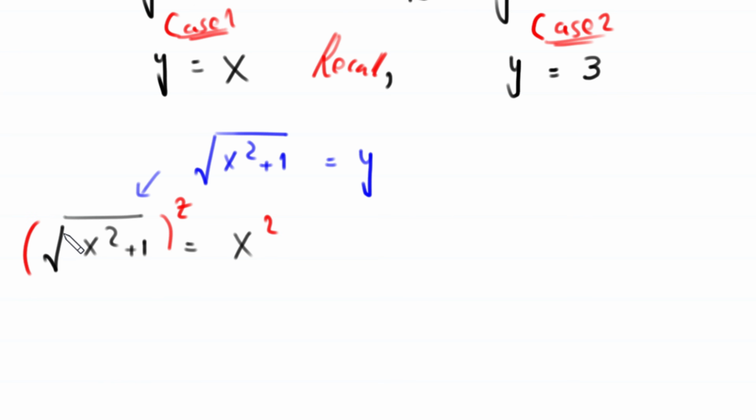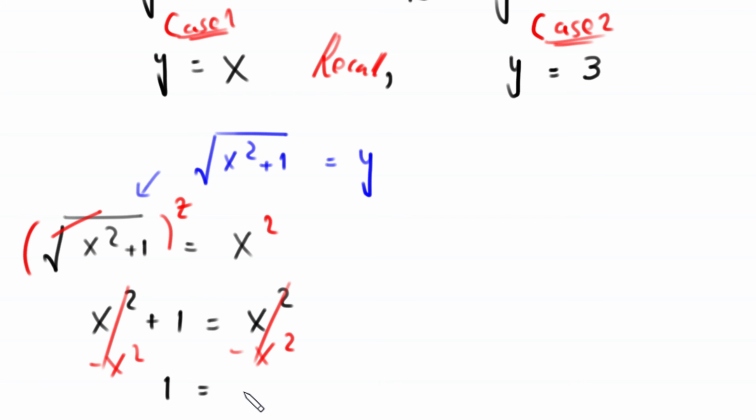The square cancels out with the square root. We are left with x squared plus 1 equal to x squared. If we subtract x squared from both sides, we get 1 is equal to 0, which is not true. It means that no solution is possible from this case.